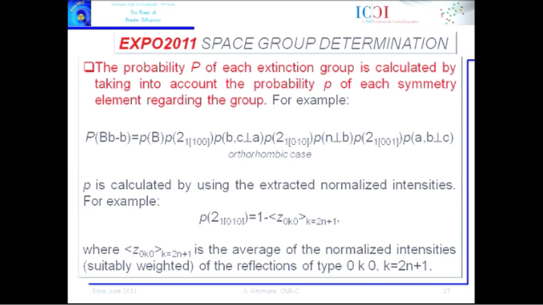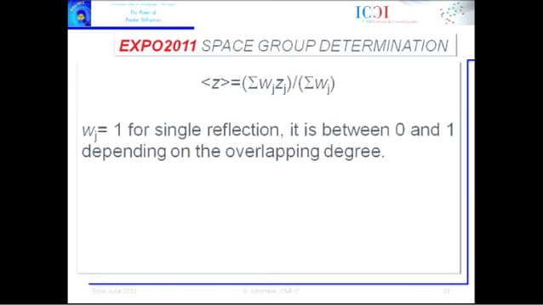So, in this case, the summation is over the reflections of type 0, K, 0, K odd. The average Z value is given by this expression, where Wj is a suitable weight associated to the integrated intensity estimate, which takes into account the overlapping of reflections and therefore the quality of the intensity estimate.